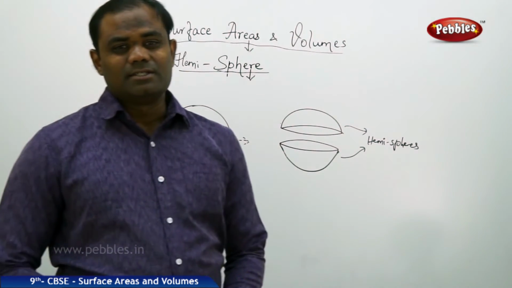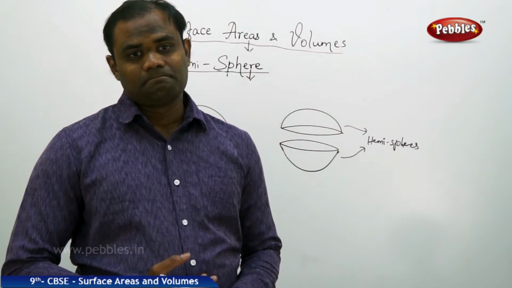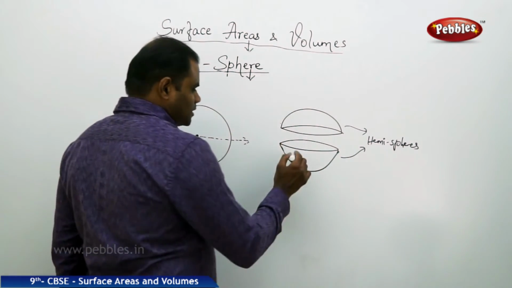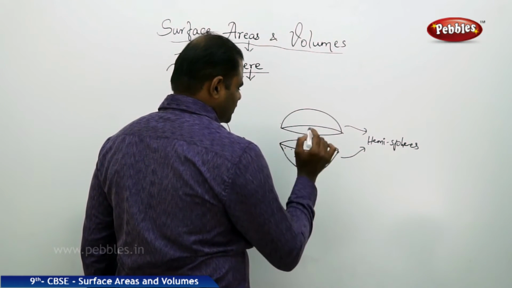So let's define the surface area of a hemisphere. The curved region, the dotted region, defines the curved surface area. If the circle at the bottom is added to this dotted region, that becomes the total surface area.